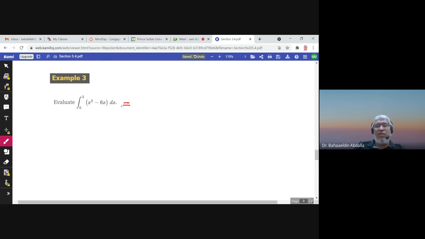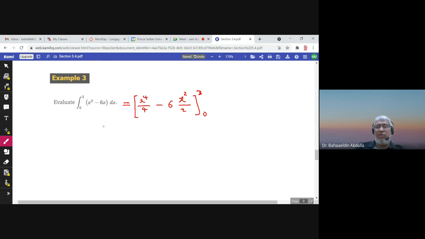Well, the integral of x cubed is x to the power 4 over 4, and I can write it from 0 to 3 here, or leave it at the end, minus 6. You take it out, and you find the integral of x.